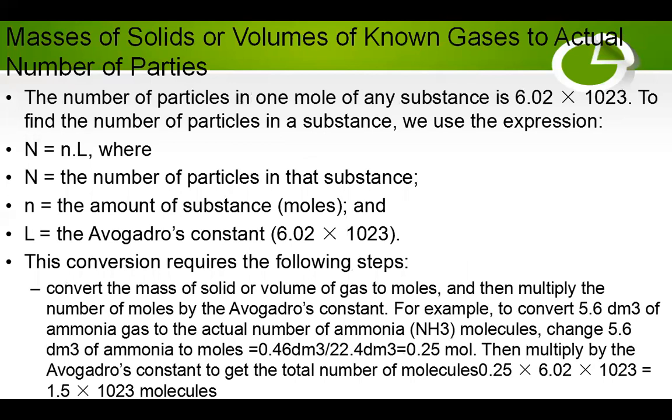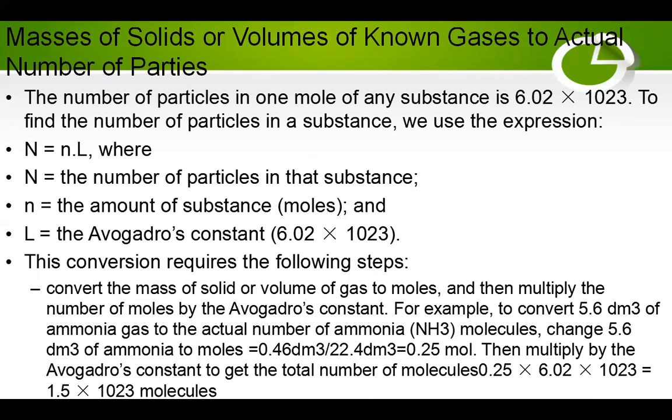Let's see how to convert masses of solids or volumes of known gases to the actual number of particles. The number of particles in 1 mole of any substance is 6.02 times 10 raised to 23.